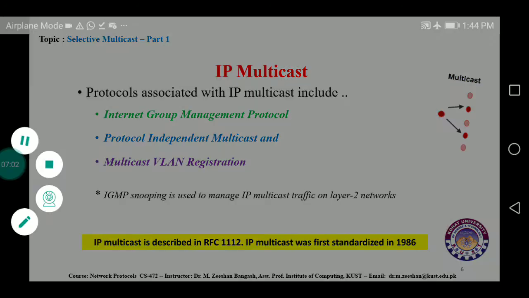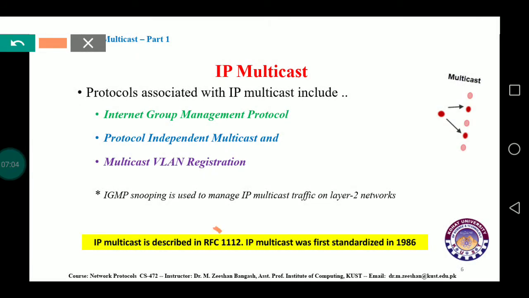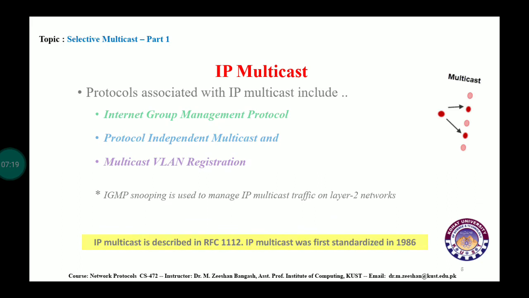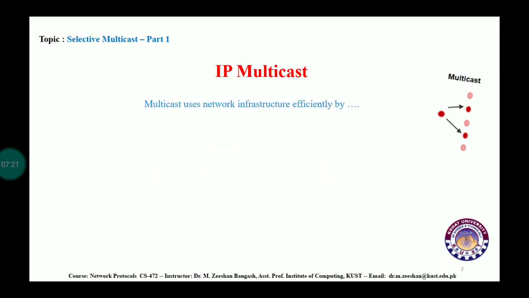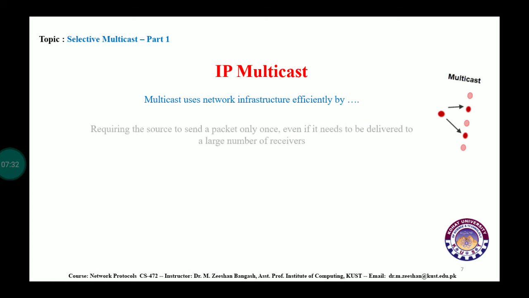Now, another important point, RFC 1112 describes this IP multicasting mechanism, and it was first standardized in 1986. Now, again, IP multicasting uses network infrastructure efficiently. How?